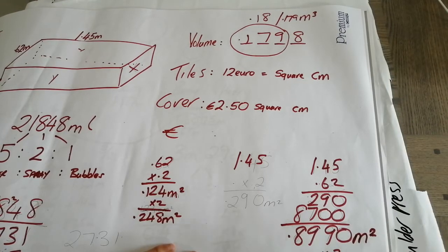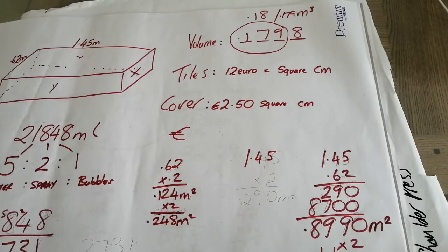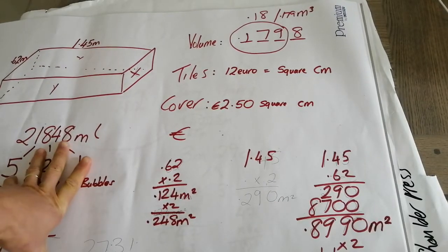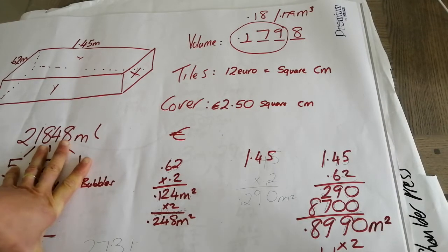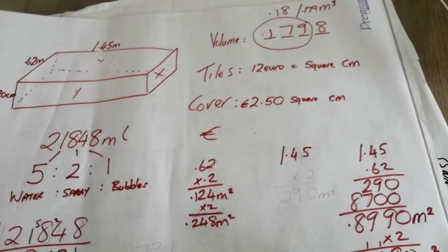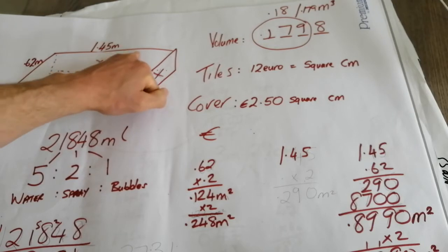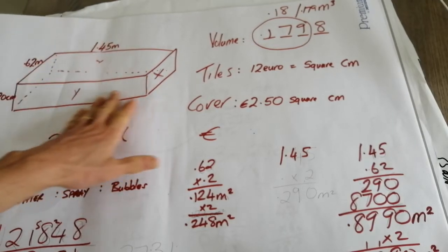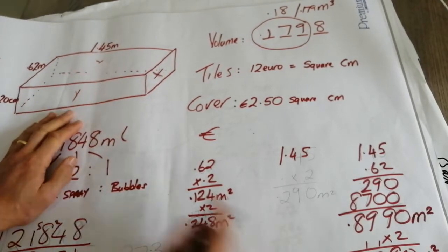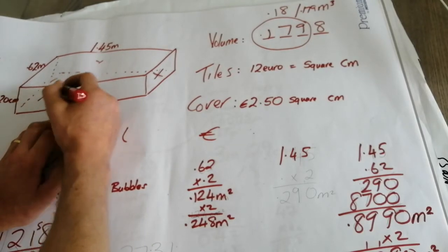Meters squared. And then finally we have to get, what do we have to do? Oh, I made a big mistake. No, hang on now. That was silly. 1.45 by 0.62 is in fact the bottom, which would be this bit here, all the bottom.